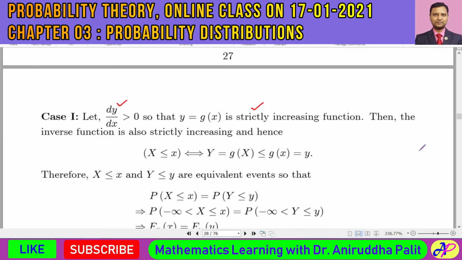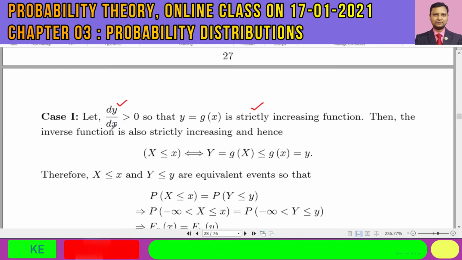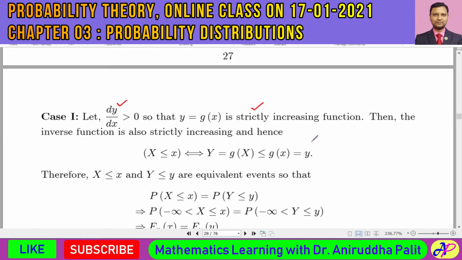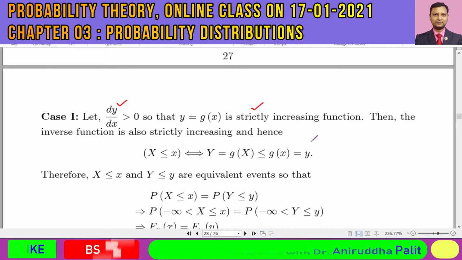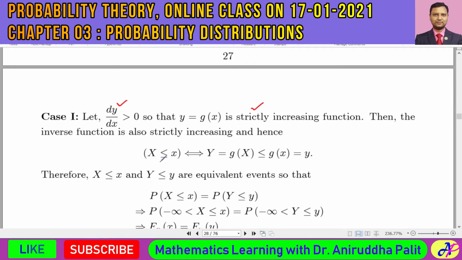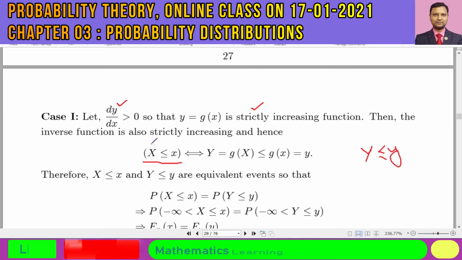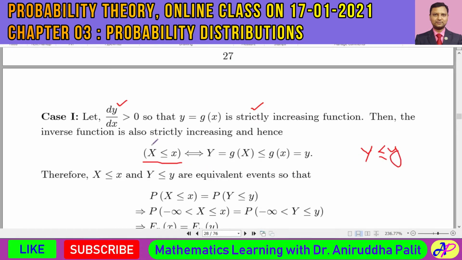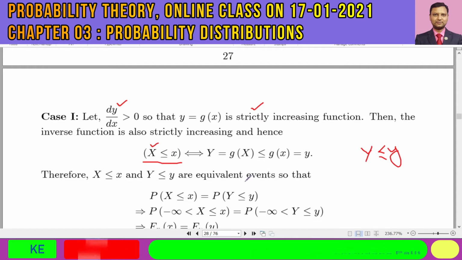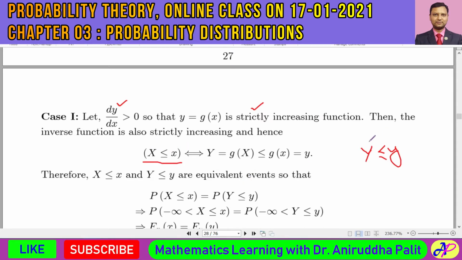And if y equals g(x) is strictly increasing, we are going to show that the random variable capital X less than or equal to small x, and the random variable capital Y less than or equal to small y, are two equivalent events, or identical events.